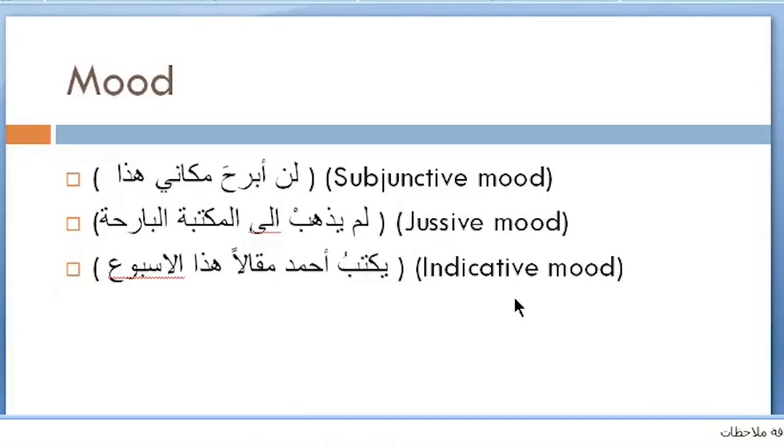Few pages but they are important and there is a good comparison comparing the imperative whether in English and in Arabic. Now let's move on.